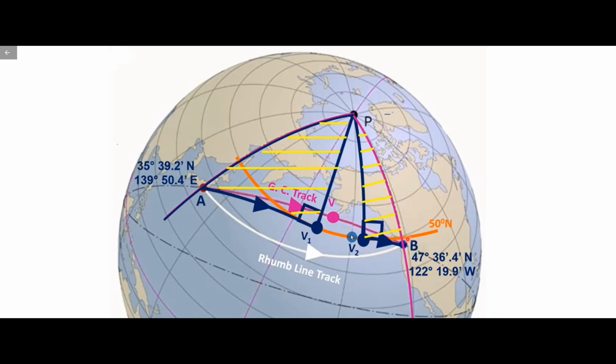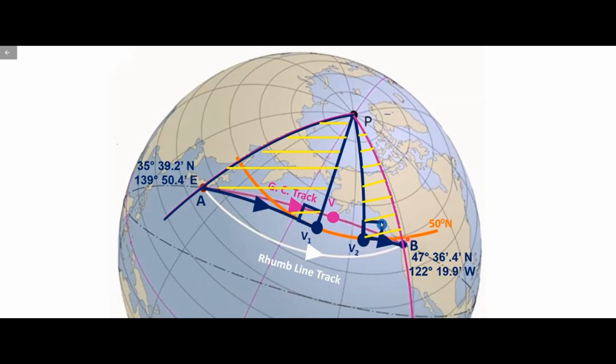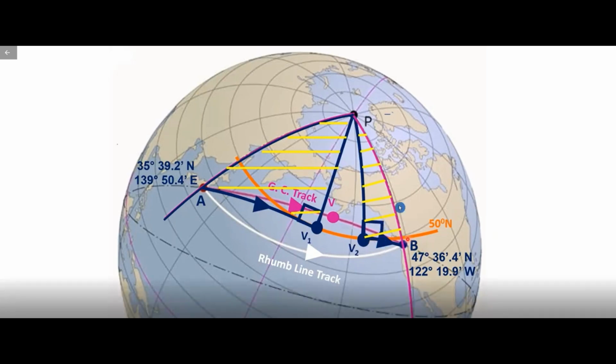Right. So this angle will be 90 on this side also and on this side also. Both these angles are 90 degrees. Same is the case here. The angle V2, whether it is in this shaded triangle Papa Bravo Victor 2 or on this side, it will be 90 degrees. Okay, sir.